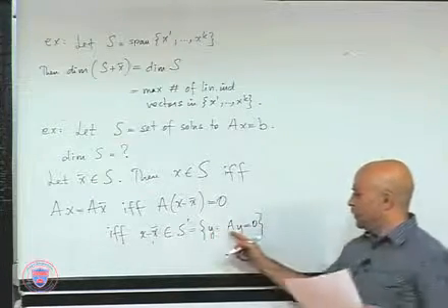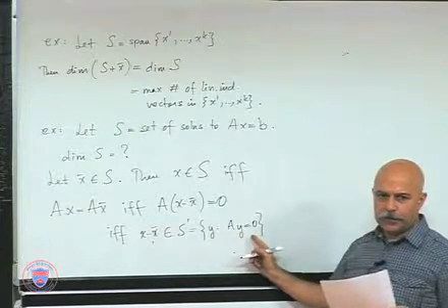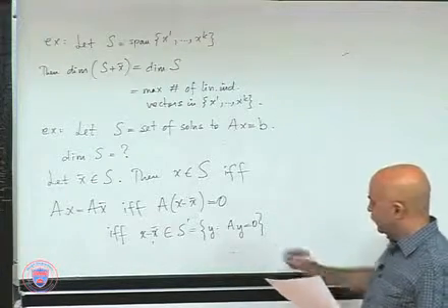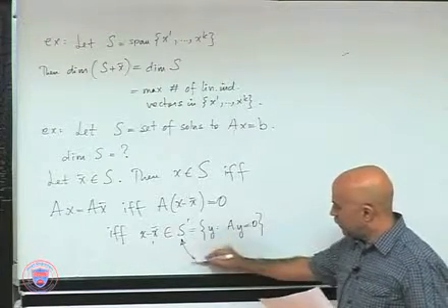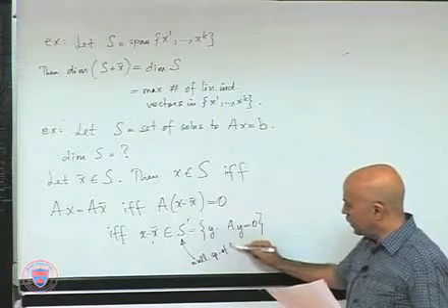So S prime is the set of solutions to the homogeneous system Ay equals 0. This is the null space of the matrix A.